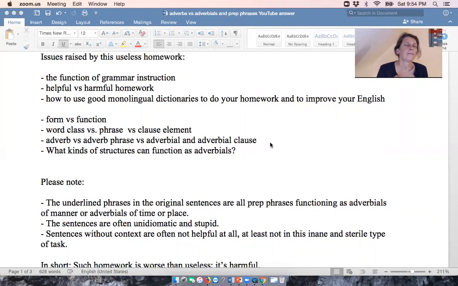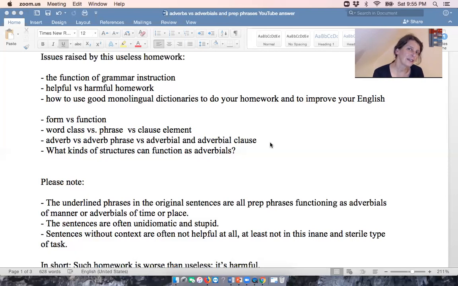And word classes look in some way at the role that a word can play. Like when I say it's an adjective, then I know that it can modify a noun. But it also looks at meaning, so somehow we have to know the meaning of the word in order to know what sort of a function it can have.